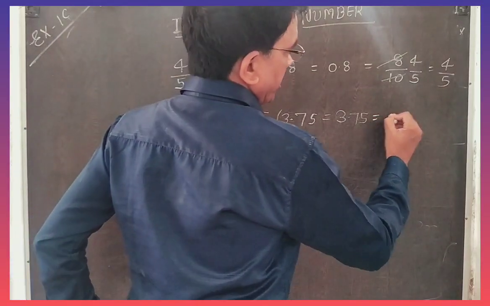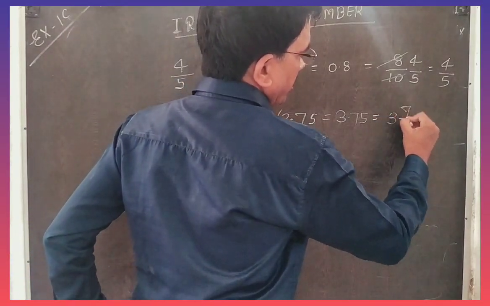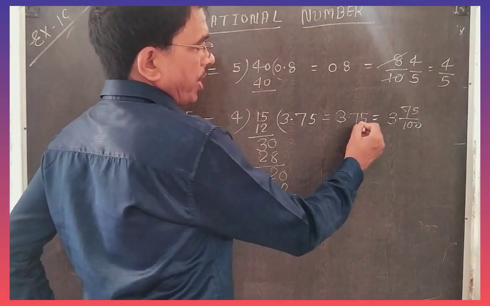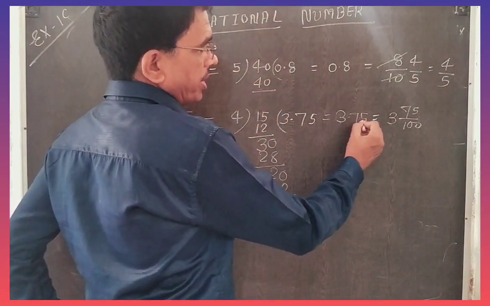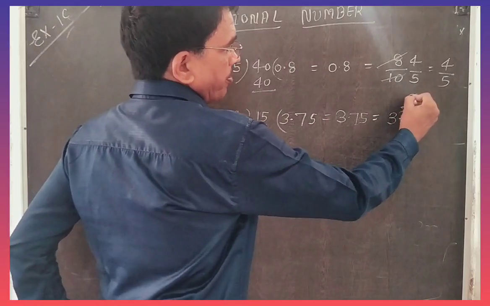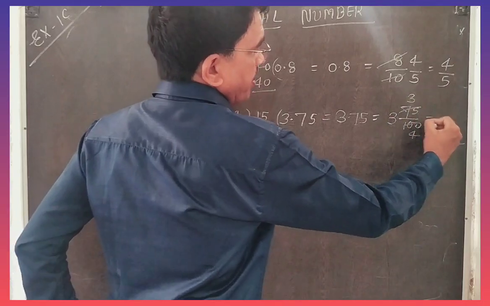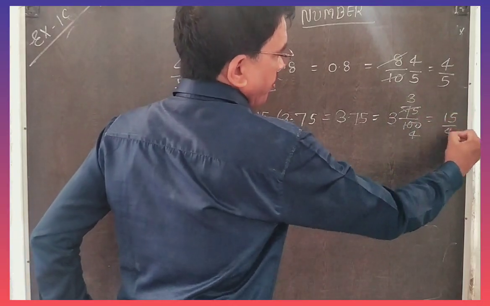Now express it as a rational number: 3 whole 75 by 100, because there are 2 digits after the decimal. Then 4 3s are 12 plus 3 is 15, so it is 15 by 4.